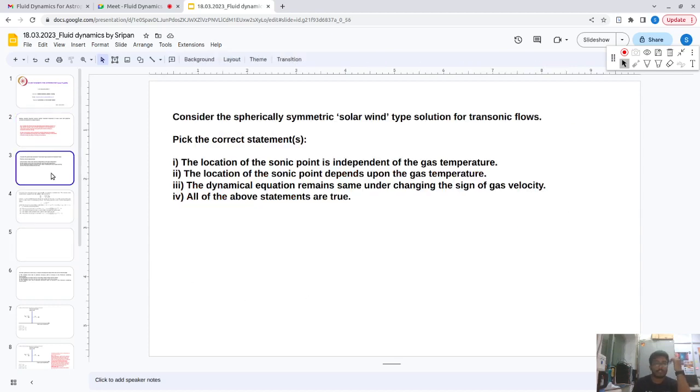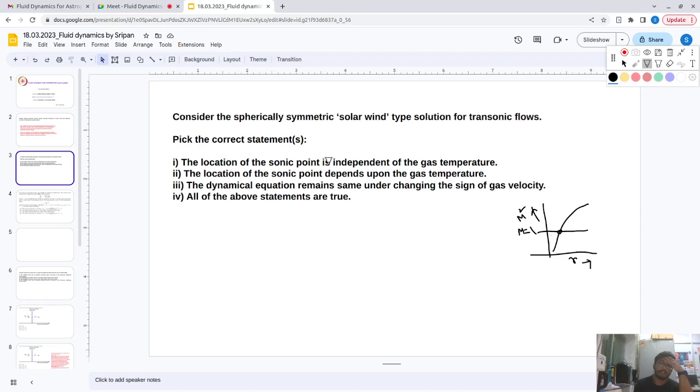Now the second question is, consider the spherically symmetric solar wind type solution for transonic flows. So you can have this kind of a plot where you will have this M equals 1 here, right? Or M squared is going upward, and r is the distance, right? So for solar wind, initially it is subsonic, so it will go like this. So this is your sonic point.